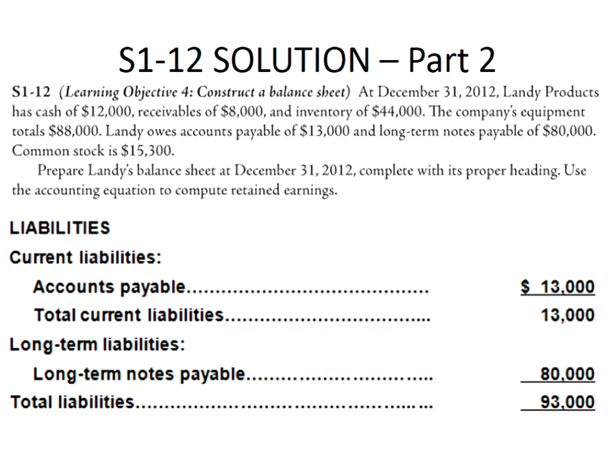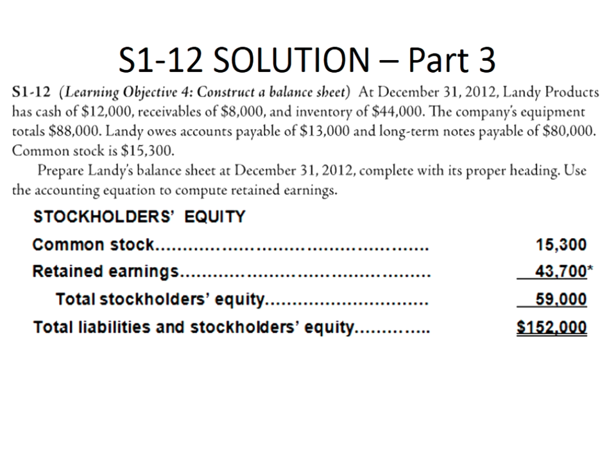So we're working our way down, and then we do our stockholders' equity section. Stockholders' equity at our point in time right now is basically two things, common stock and retained earnings. We'll see later that there are more things that go in here, but for right now, that's what we need. Common stock is given to us at $15,300.